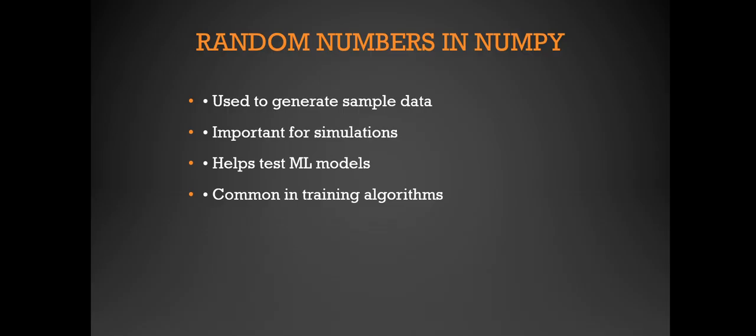If you have to perform anything, you can generate sample data instead of typing it. It's important for simulations, helps test ML models, and is common in training algorithms. So to test and to train, we use random in NumPy. You can just print np.random.rand with something like 2 comma 2. You can try this out. This is your homework.